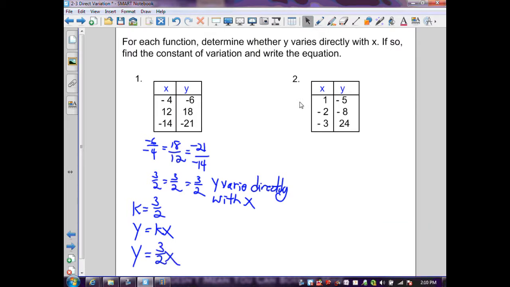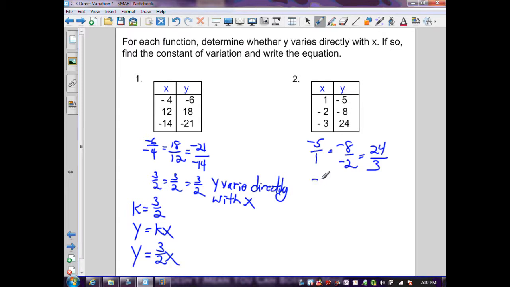Step 2, we want to start with the same procedure on the previous slide, which is to test our y over x's to see if they are equal. So let's put our corresponding y's over x's. That's going to give me -5 over 1, testing if it equals -8 over -2, and if that is equal to 24 over 3.